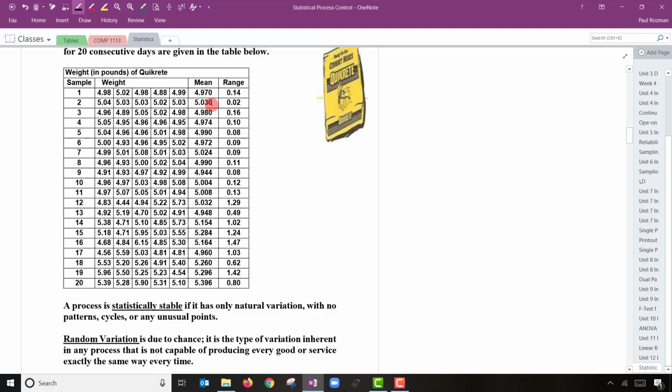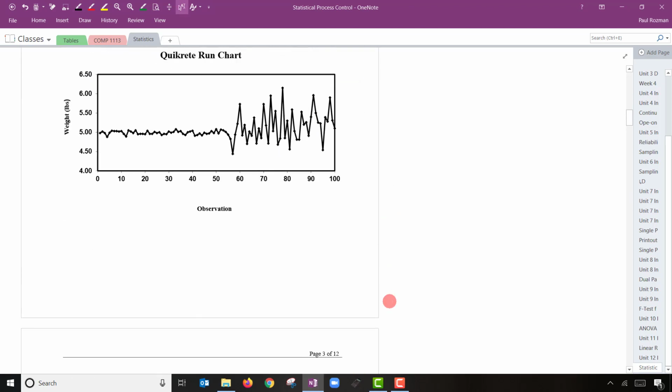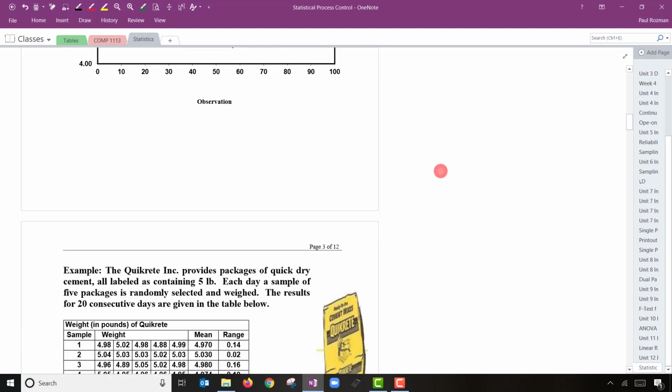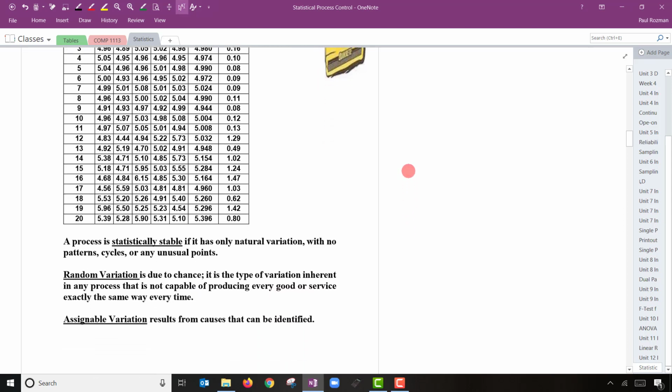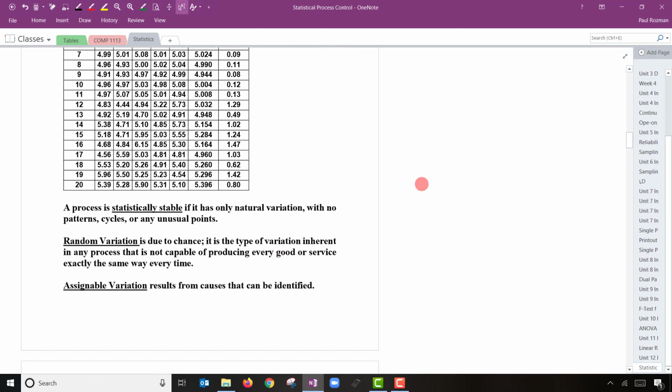So these and a plot over time, these things are nice, easy to understand, don't require a lot of training. So that's one of the reasons for them being like this. We're trying to find ways to detect problems in the simplest way possible. Things are determined or declared stable if we just have natural variation.